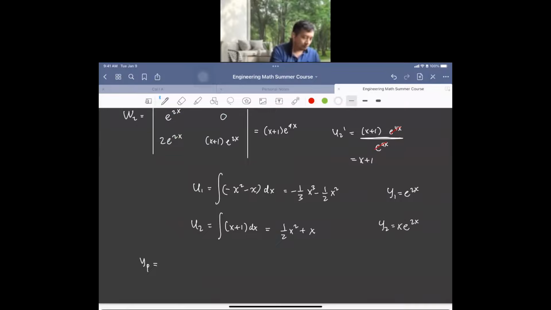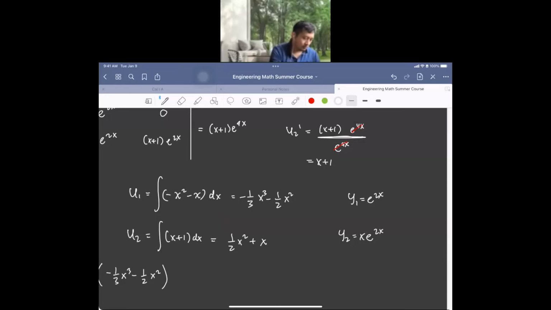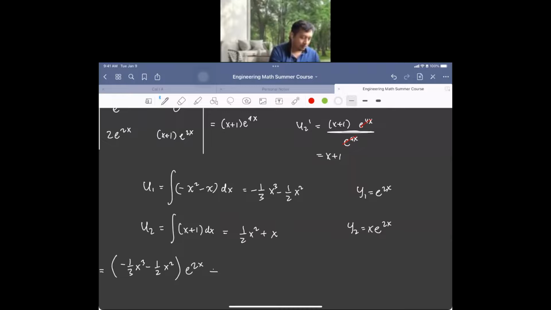So yp is negative 1 over 3 x cubed, negative half x squared, and this corresponds with the y1, right? y1 is e to x, and then plus the half x squared plus x corresponds with the x e to x. And you may just simplify it and make it 1 over 6.